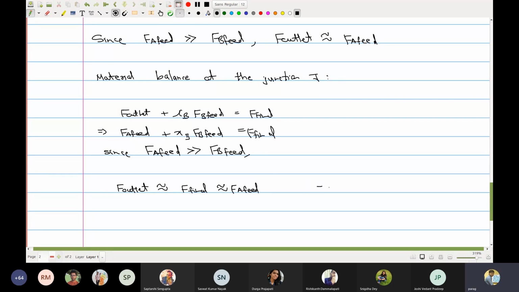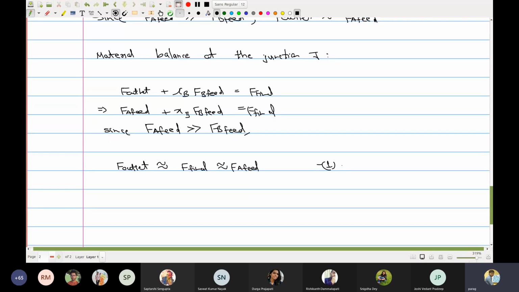So this is our first equation of importance. The balances were very trivial. The only observation that I made was that the volumetric flow rate of A was much larger than the volumetric flow rate of B, and that led to this approximation, right?